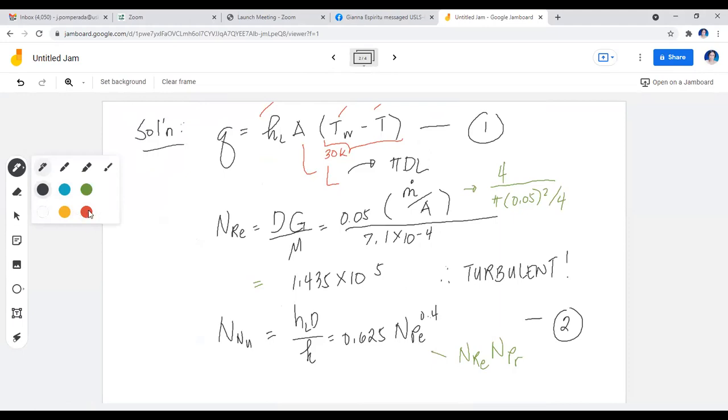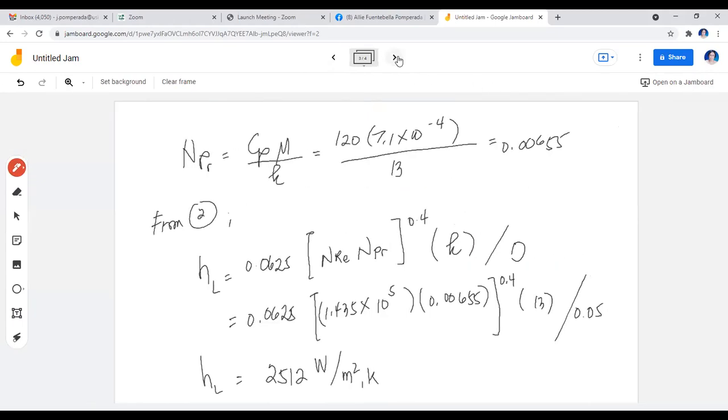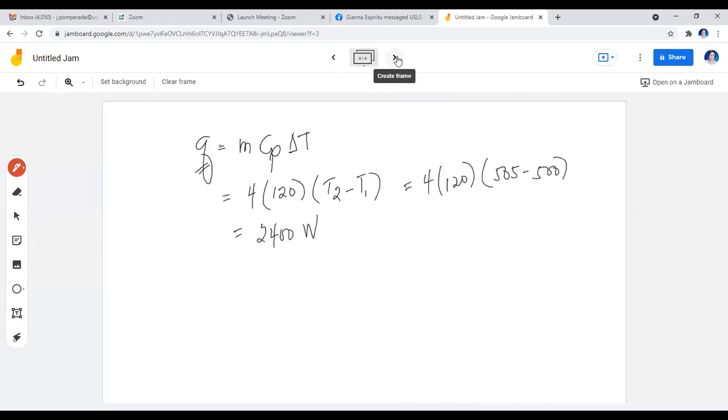So your Q, your hL, and this difference are already checked. That leaves us with the area, so we can go back to equation 1 and determine the A. Okay, noted, Patrick.